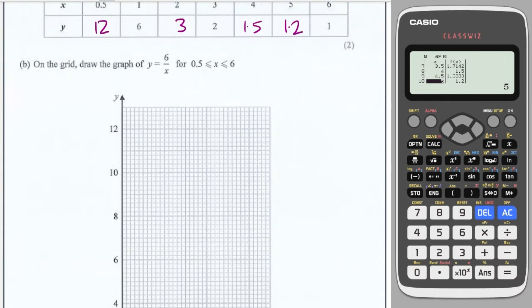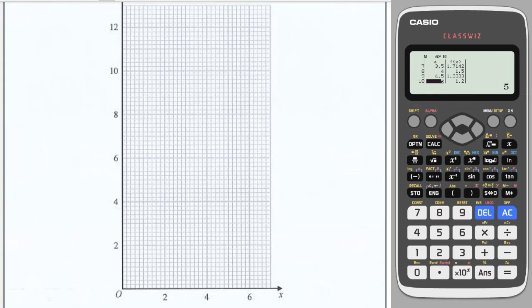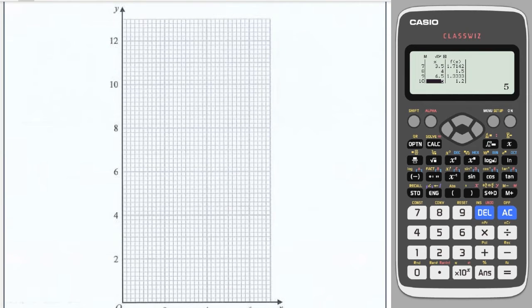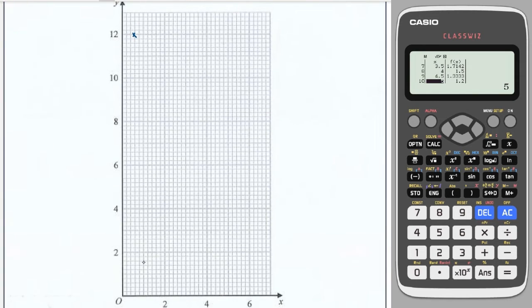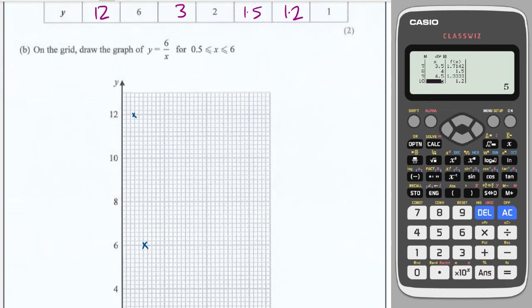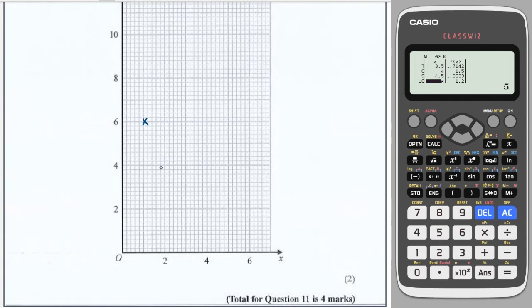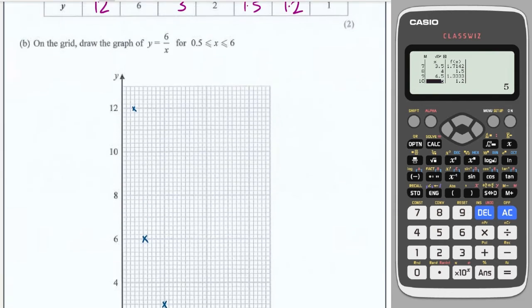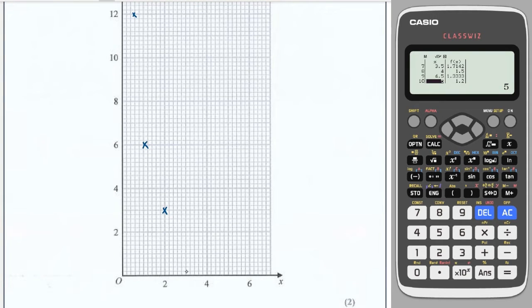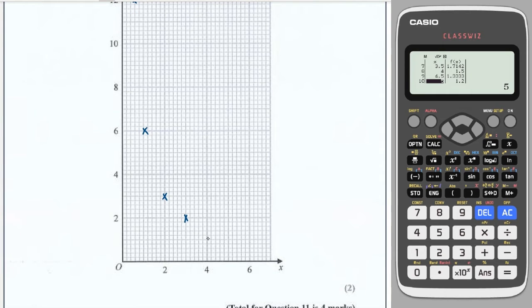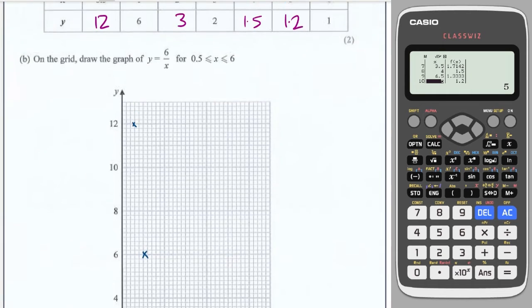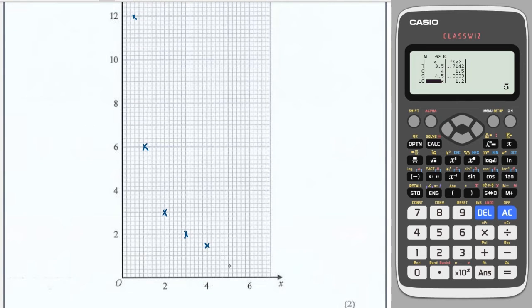Okay, let's draw that graph. So 0.5, we're going to go to 12. Oh, it's not the best looking graph here, but we'll do our best. Something like that. That seems about right. 1 is 6. 2 is 3. 3 is 2. 4 is 1.5. 5 is 1.2.